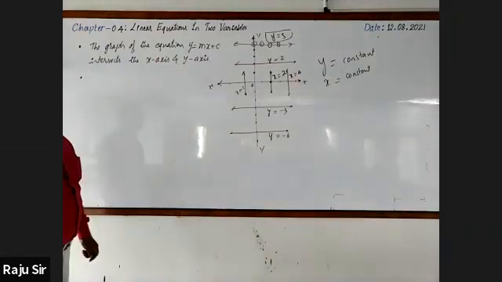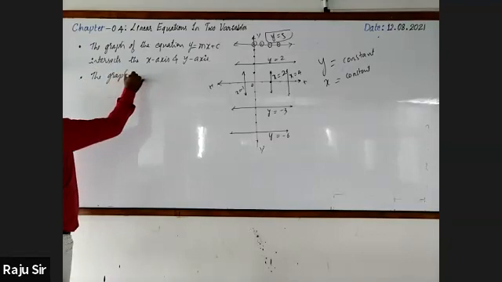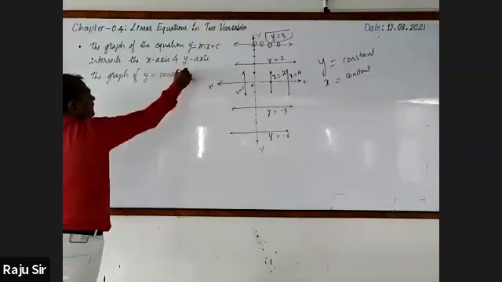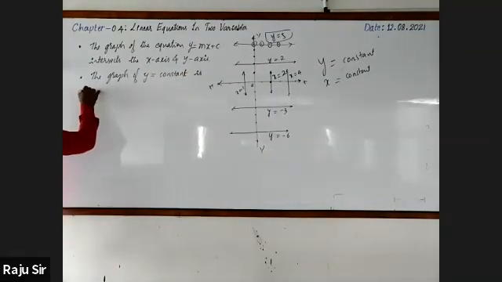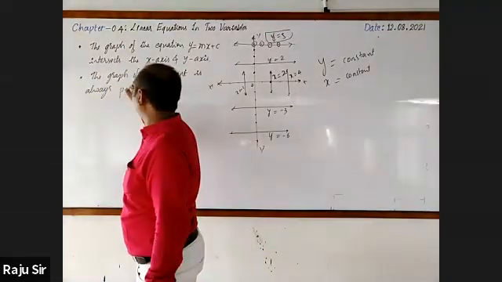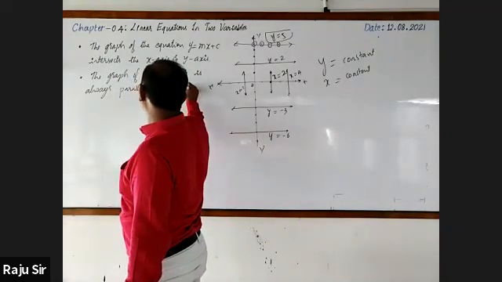Next point. The graph of y equal to constant is parallel to the x-axis and perpendicular to the y-axis.